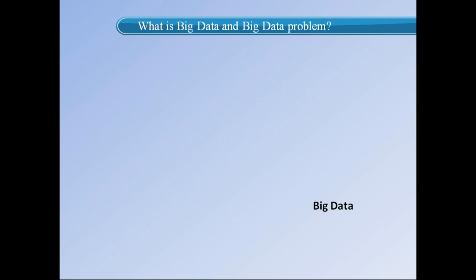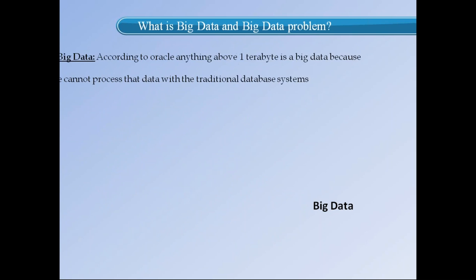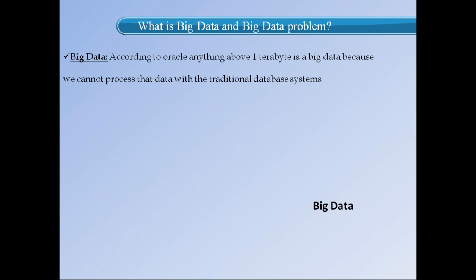What is big data? According to Oracle, anything above 1 terabyte is big data, because we cannot process that data with the traditional database system. So what are the traditional database systems?